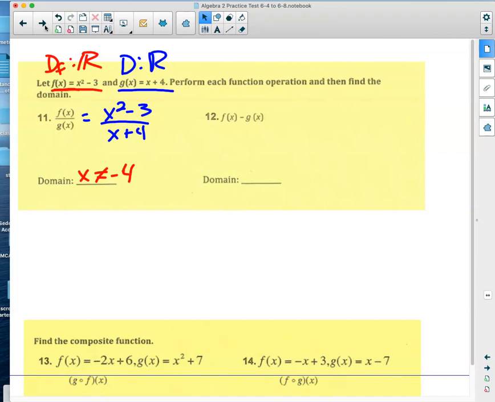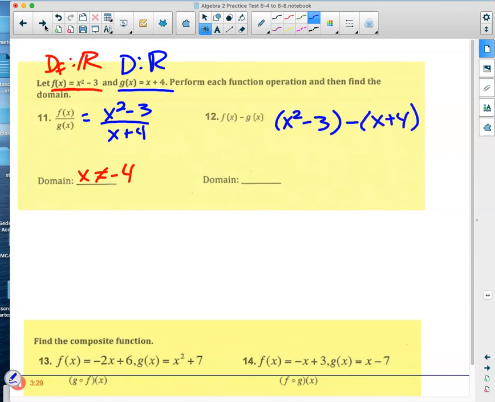Looking at 12, this is the one where we have to be careful. This is the most common mistake made in mathematics right here. We have f of x as x squared minus 3, and we have to subtract all of g of x. So what's the mistake that I've talked to you about that people are going to make in this one?